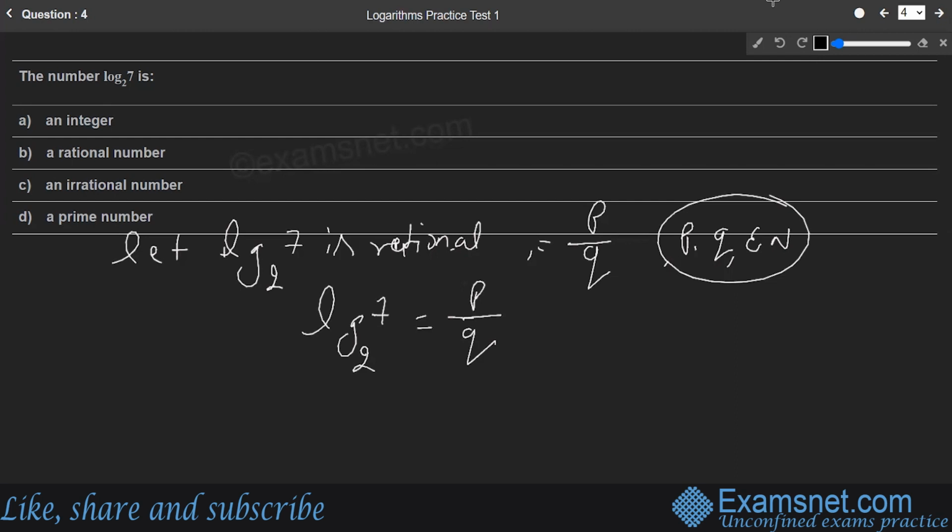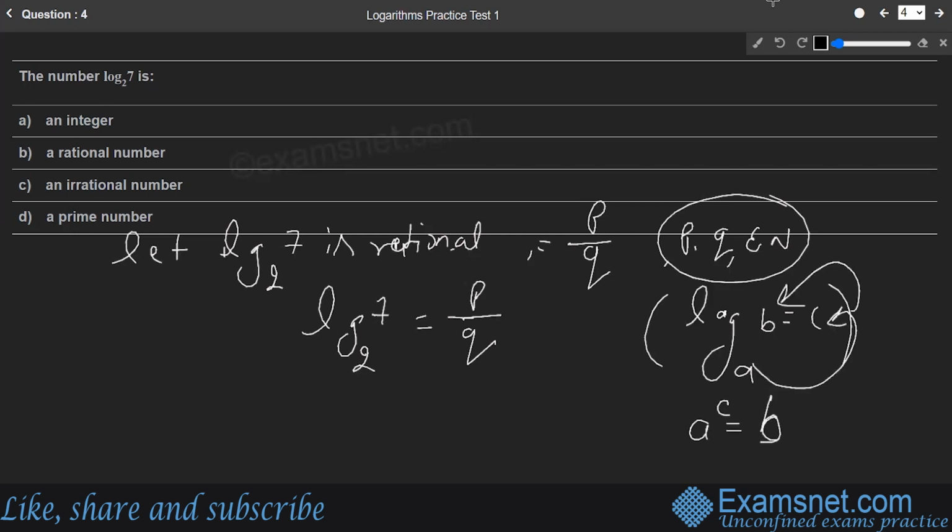We have a property which was used in the last question also: if things are connected this way in log form, their mathematical form is a to the power c equal to b. Using the similar form here, we get 2 to the power p by q is equal to 7.